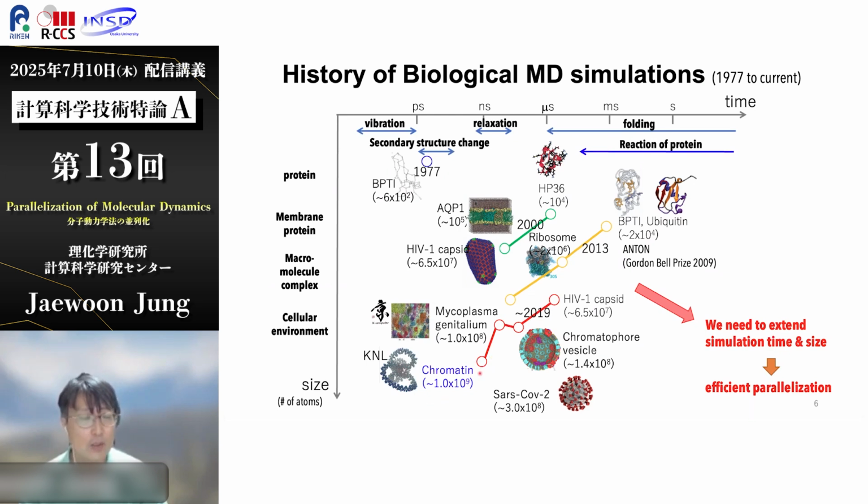But in this case, the time scale was not so large, so we could only perform short time scales. Somehow, using parallelization, we could perform very large systems. Another large system, performed by another group, was a chromatophore or the SARS-CoV-2 virus. But still, we need to extend the simulation time scale and target system size for more realistic MD simulation. In this sense, efficient parallelization is very important.